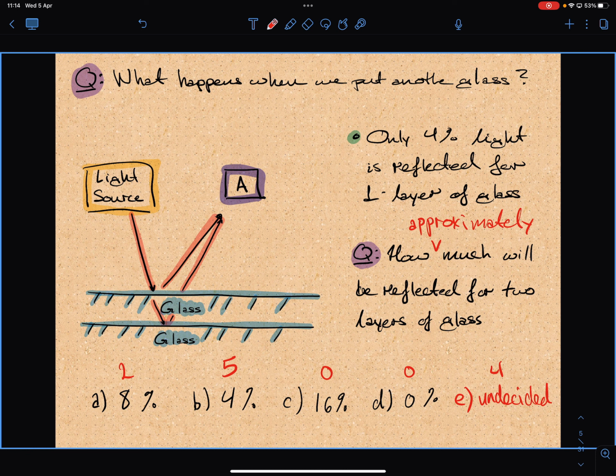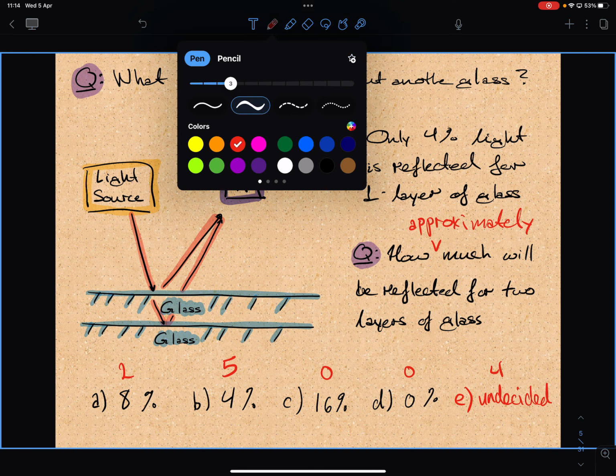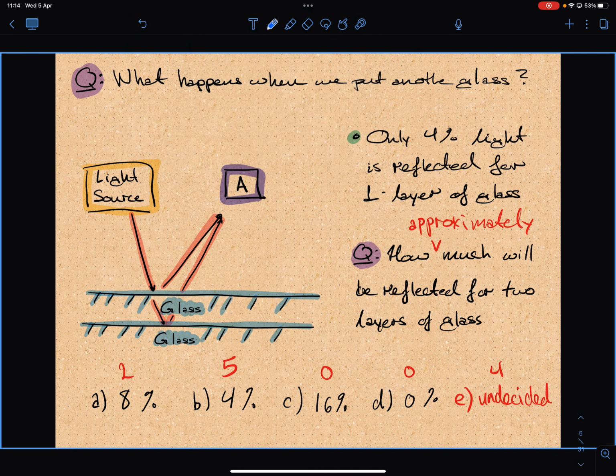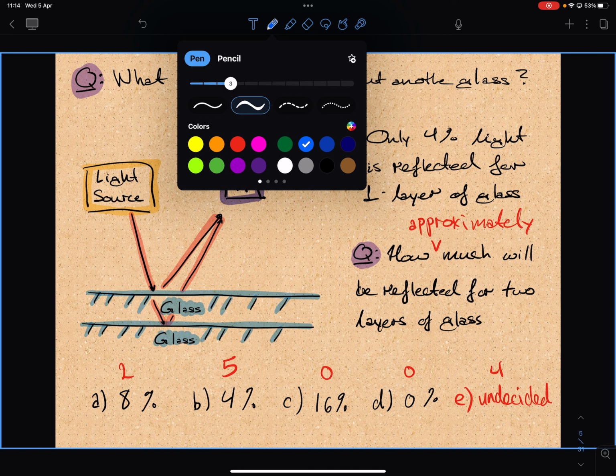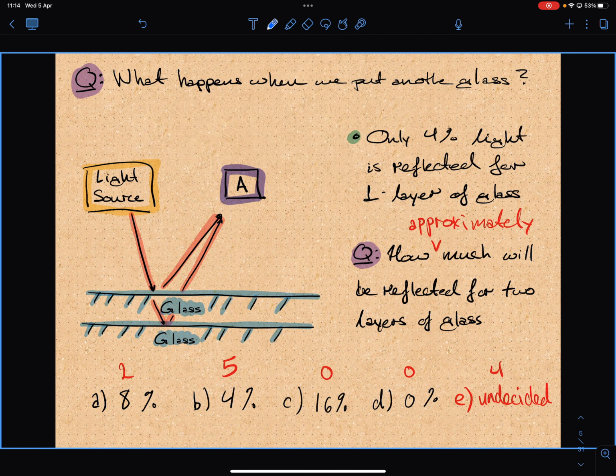I'm not looking down. Yeah, I know. But would you expect as much as 8%? I would expect it Yeah, I feel like it's like it's common.